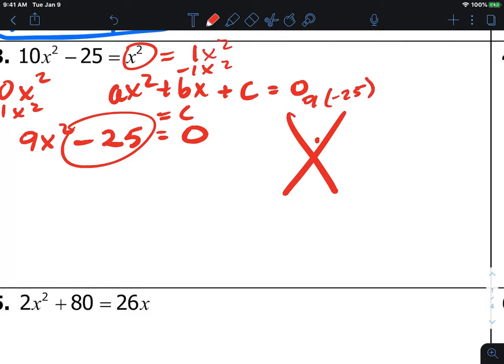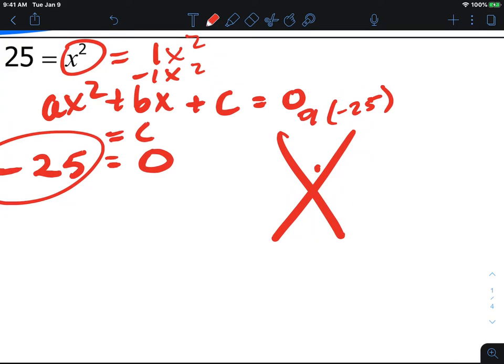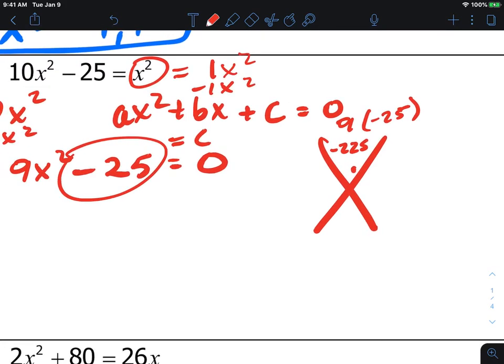That's going to be, hmm, 4 times 25 would be 100, right? That would be 8, that'd be 100. Another 100, so that'd be 200. So this is going to be -225. And what's my b value? Well, it's 9x squared plus 0x minus 25.